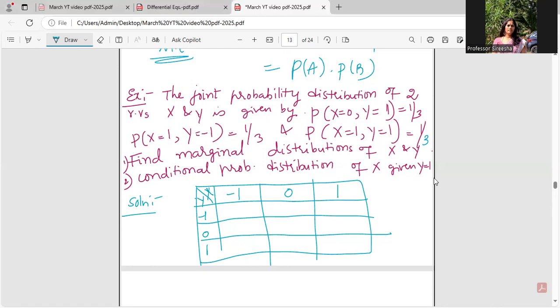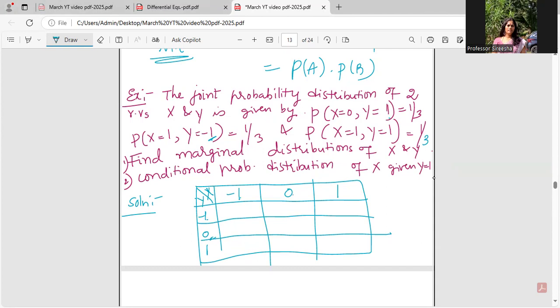Okay, just see here, guys. X values, you can see they are ranging from 0 to 1 only. And y values, they are ranging from 1 to -1 only. But just to maintain that uniformity, I'll be writing -1 for x, because for y -1 value is there, for x -1 is not there. Similarly, for x 0 is there, but for y 0 is not there.